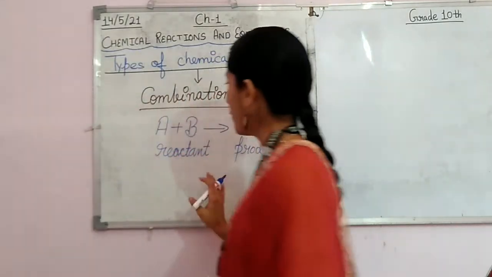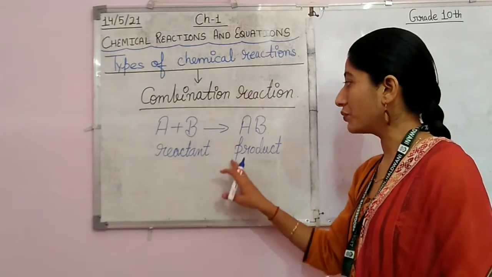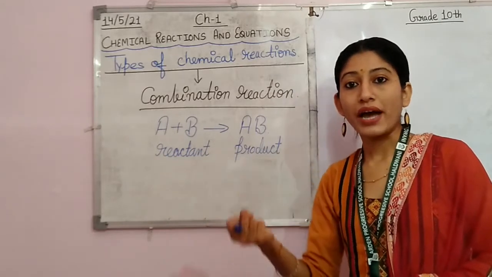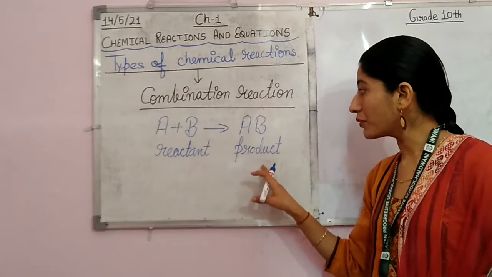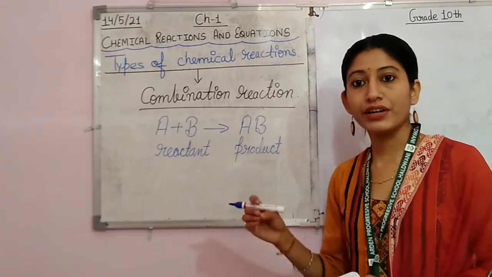Okay, so I hope it is clear to everyone that in a combination reaction, two or more reactants combine together and form one single product. That's why this type of reaction is called a combination reaction.